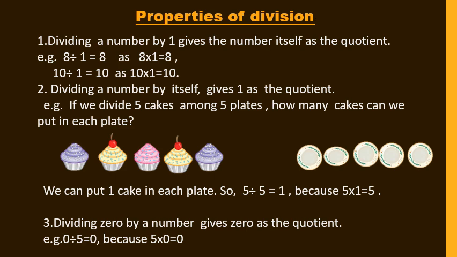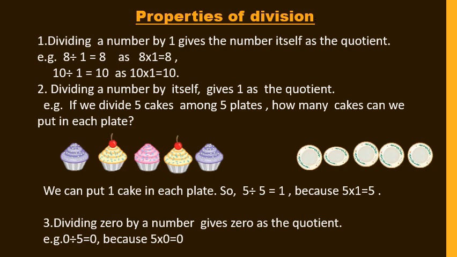So girls, we have 5 cakes and we can put 1 cake in each plate. So 5 divided by 5 is 1 because from the multiplication table we know 5 ones are 5. Understood?